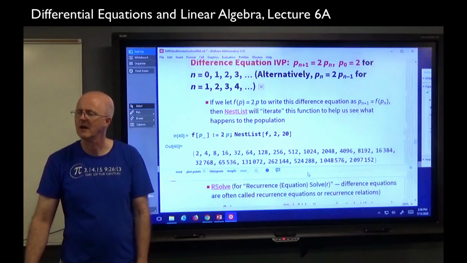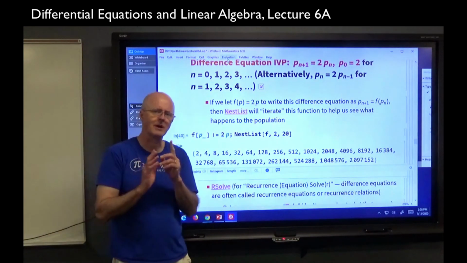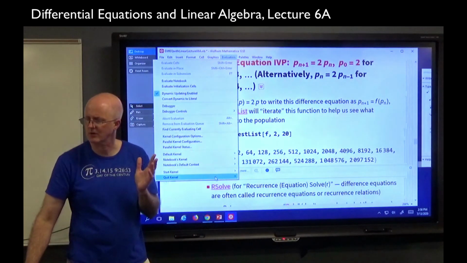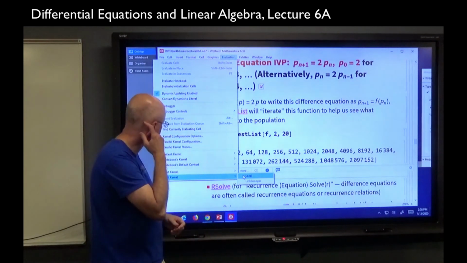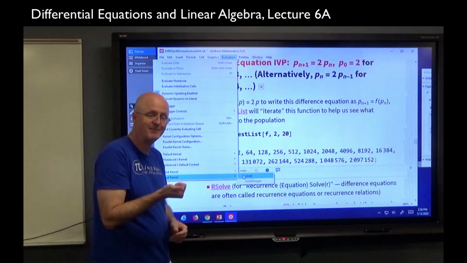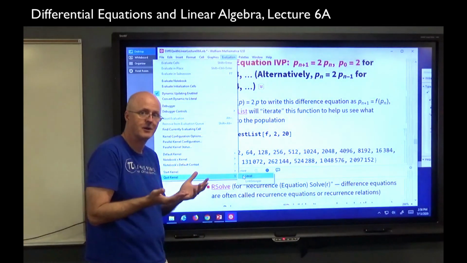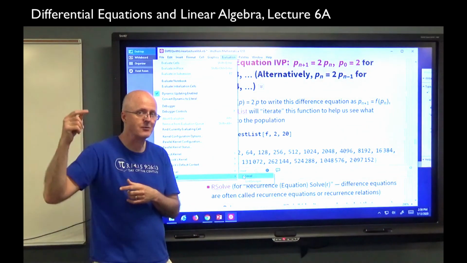20 iterations. I think I forgot to tell you that when you run into mistakes and you need to clear the memory, it's Quit Kernel under the Evaluation menu that clears the memory. That has good benefits and bad consequences, though. If you clear the kernel to erase the memory, it's going to forget what you've done before, so you may need to re-enter a bunch of stuff.